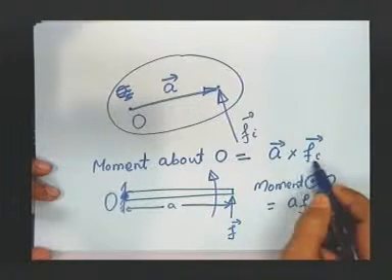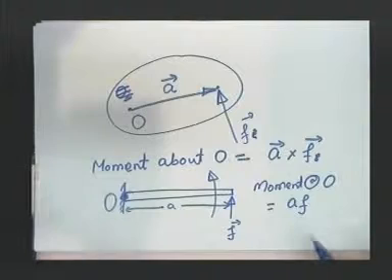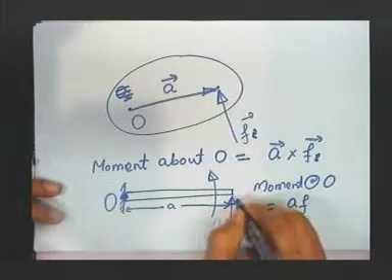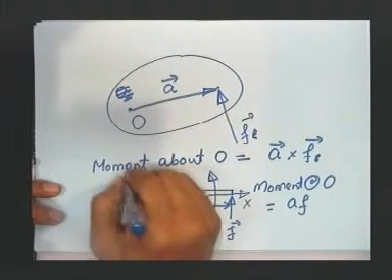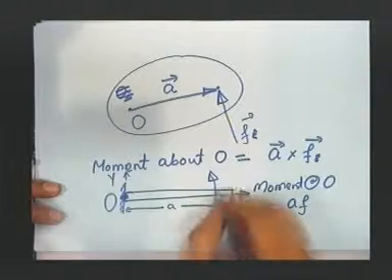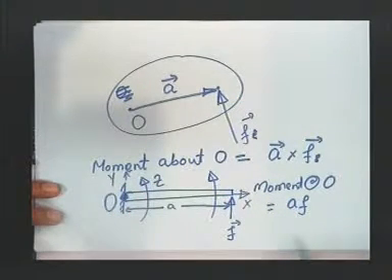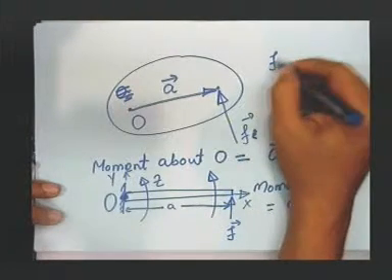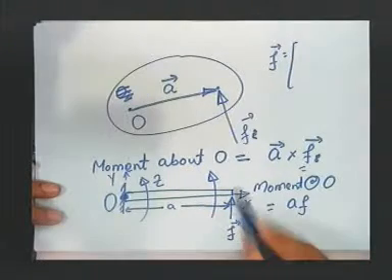If I apply this formula, let us see whether this is correct or not. For that I assume this is my x axis, this is my y axis, and this will be my z axis. So, the f vector has a component along the y direction.